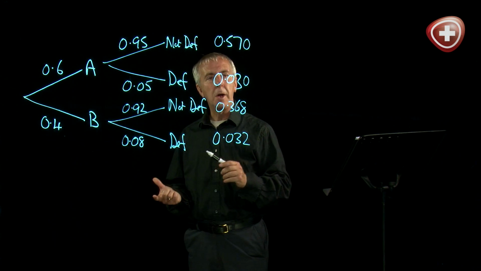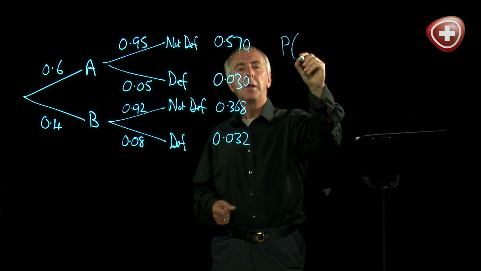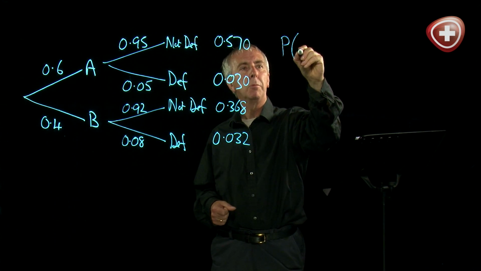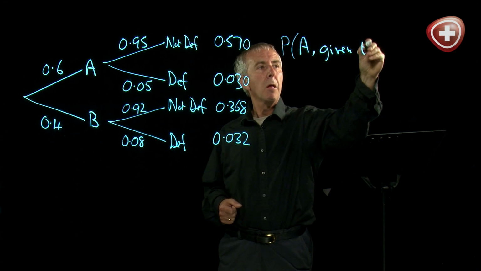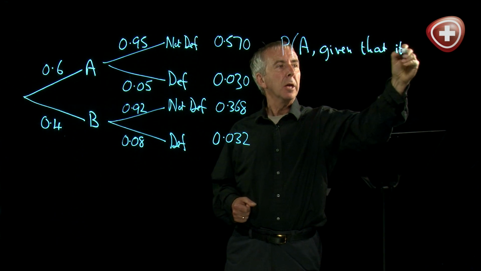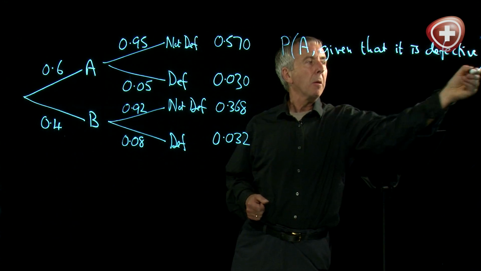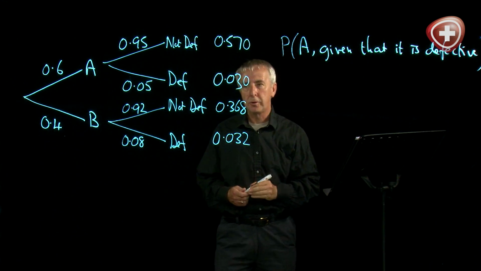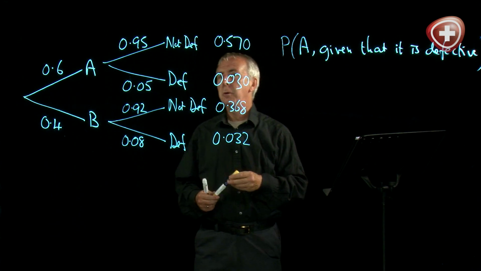We want to try and find it the other way round. What's the probability that the item came from machine A given that it is defective? Can we work this thing backwards? And the way we do this is as follows.